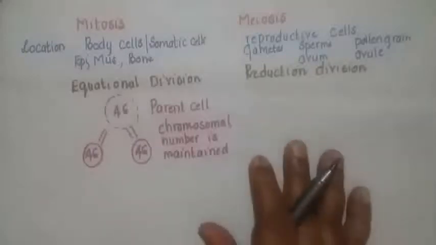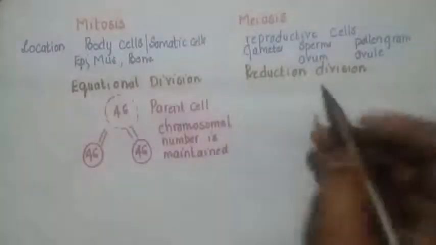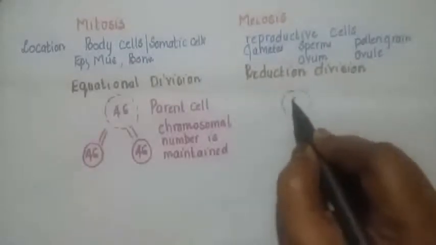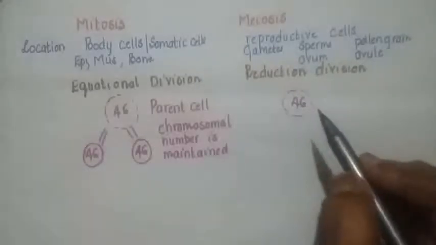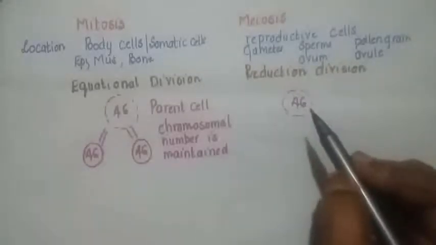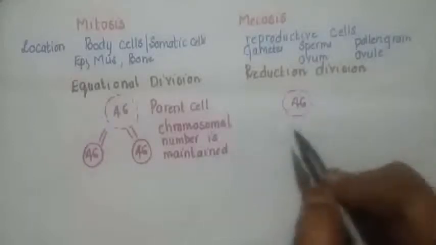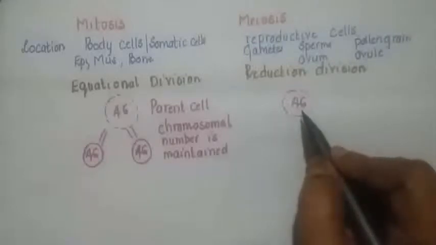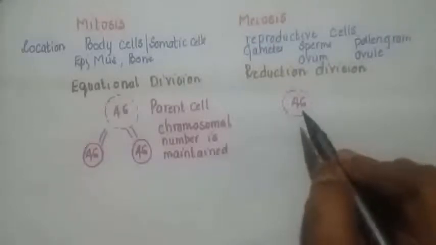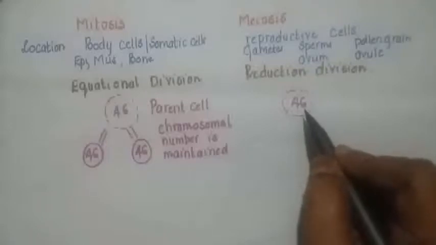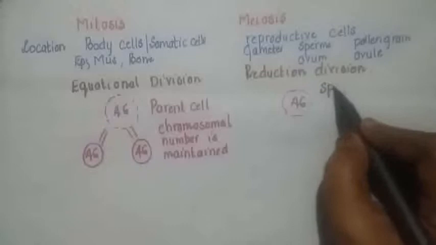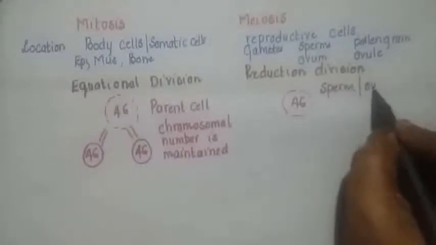Then moving on to meiosis. In the case of meiosis, which occurs in the reproductive cells, which occurs in the testes, which occurs in the ovaries, which occurs in the androecium or gynoecium of the plant. So when the cell divides in those reproductive parts, right? Let us take an example, formation of a sperm or formation of an ovum.